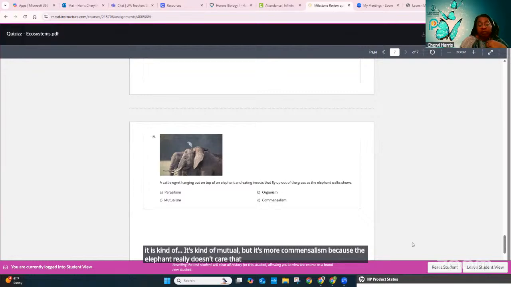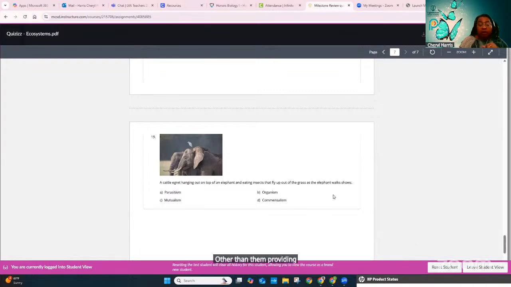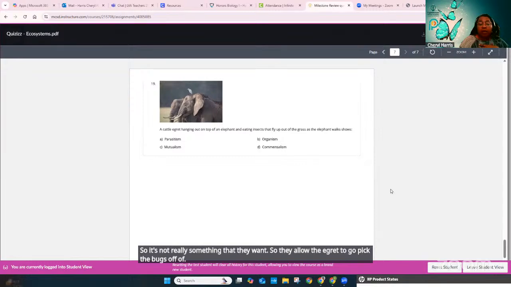The elephant is not going to be really bothered by their presence, other than them providing a spot where the bugs are. Those bugs are just pesky. The elephants don't eat the bugs, so it's not really something that they want. So they allow the egret to go pick the bugs off. All right, so that's commensalism.